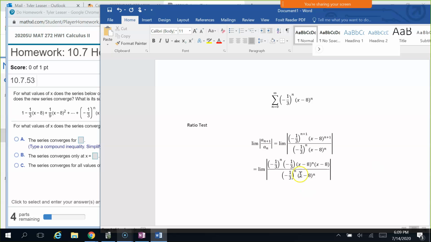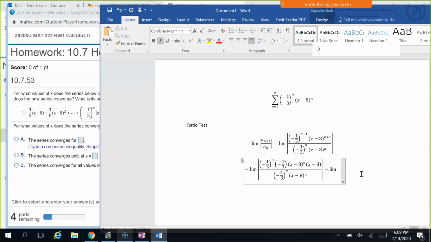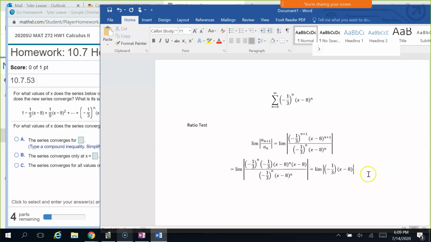The reason we do that is now I have a negative 1/3 to the n on the numerator and the denominator that cancels, and x minus 8 to the n in the numerator and the denominator that cancels. All I have left is the limit of a negative 1/3 and then an x minus 8. Okay, there's no more n's inside of this, and this limit was as n goes to infinity.